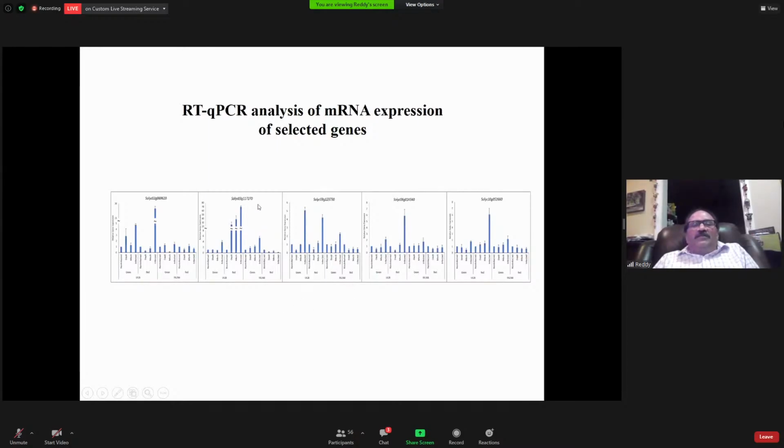Clearly, these genes are expressing only in the susceptible plant. So what can we say here? The anthracnose susceptibility is because of some susceptibility genes. So how do we handle them? Somehow we need to use genome editing techniques and silence all these genes so that the plant would become resistant.